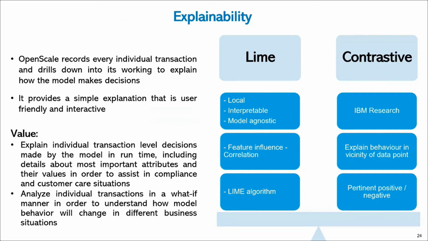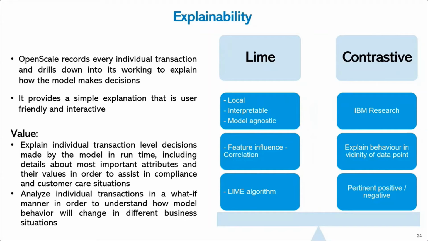Interpretable means that the explanation provided is understood by human beings in plain simple form, and model agnostic means that the internal workings of the model should not matter, and we should not need to peek inside the internal workings of the model to perform the explanation. Rather, we should be able to explain it just by looking at the behavior of the model from outside.